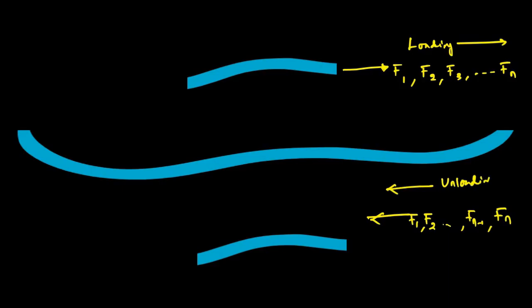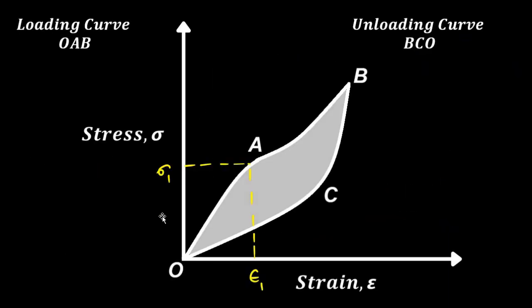What is observed is that the loading and unloading curves do not follow the exact path. The unloading curve does not retrace OAB. Ideally it should be OAB, BAO.